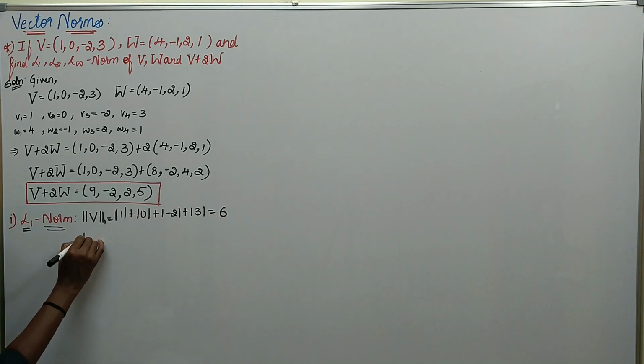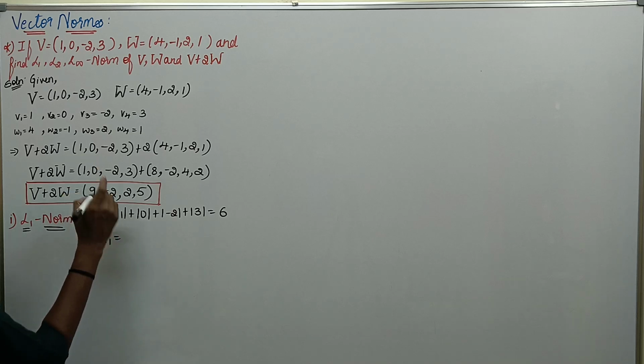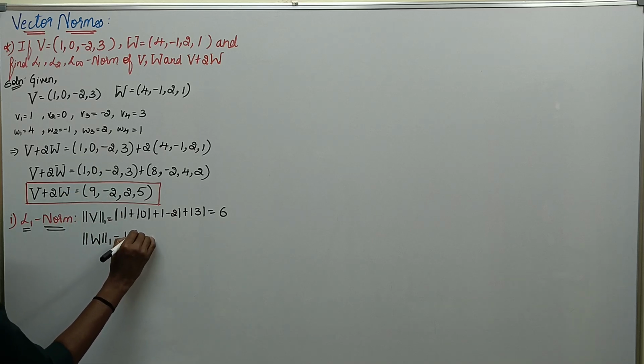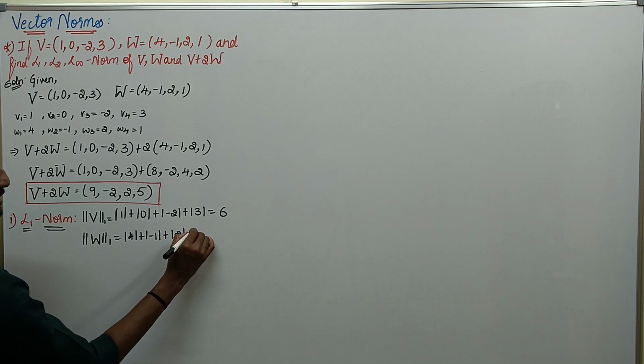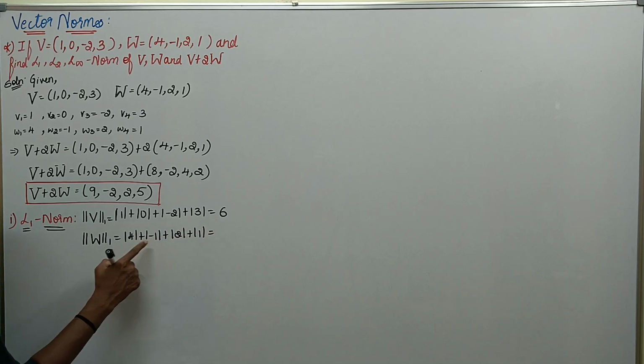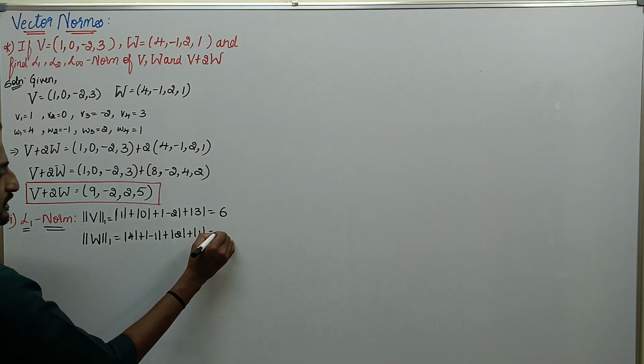Next we have norm W1, which is equal to, what is W? Modulus 4, modulus minus 1, modulus 2, modulus 1, which will be equal to 4 plus 1, 5, 5 plus 2, 7, 7 plus 1, 8.